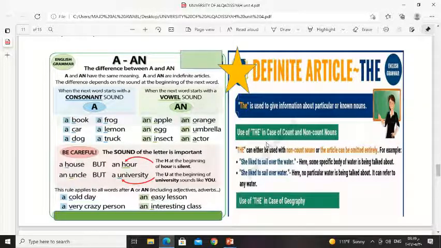For example, she liked to sail over the water. The water, uncountable noun. Here some specific body of water is being talked about, only over the water.